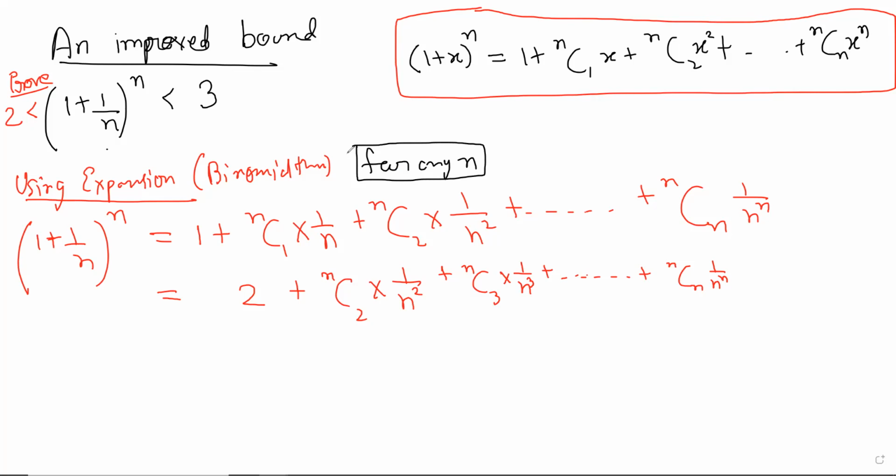In the previous question, it was similar, but in place of 1 by n square, we had n square, and in place of 1 by n cube, it was n cube. And we want to prove something like the same, a less than kind of thing.